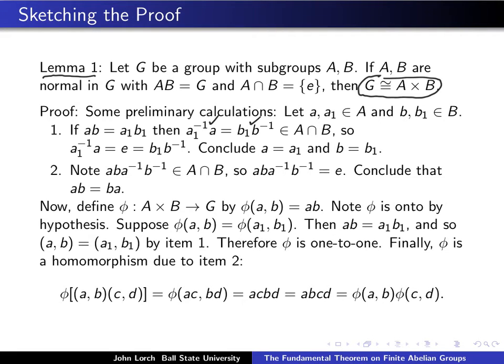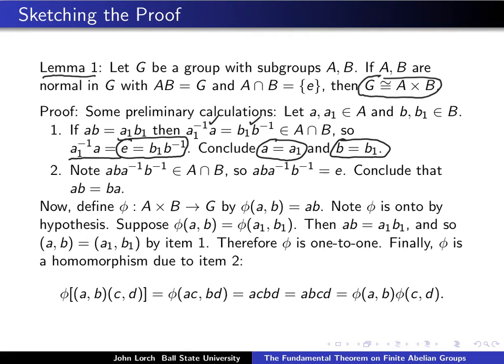But remember, A intersect B is the identity, and so that tells us, for instance, that A1 inverse A is equal to the identity, and if you move the A1 inverse over to the other side, then you get A equals A1. Likewise, you can take this equation here and move the B over to the other side, and you get B equals B1.